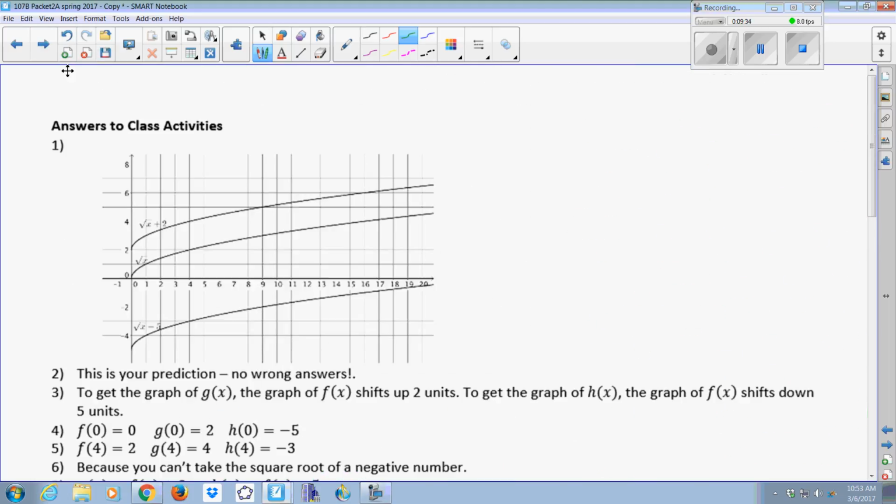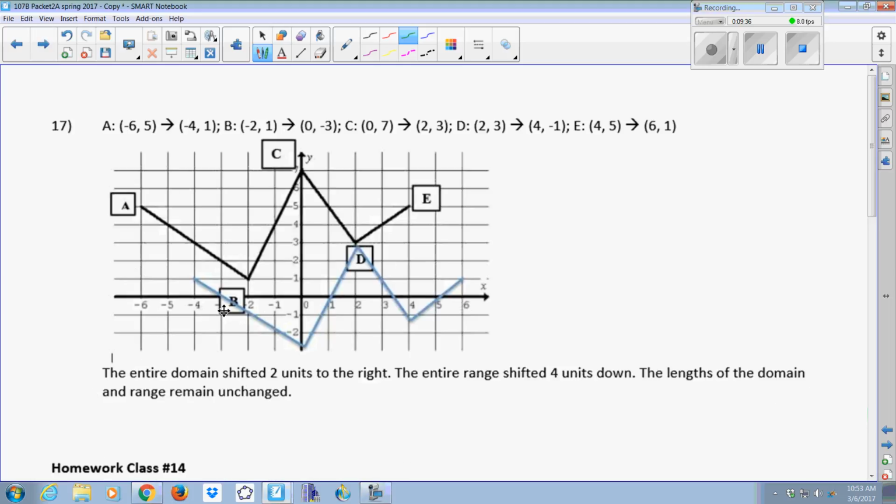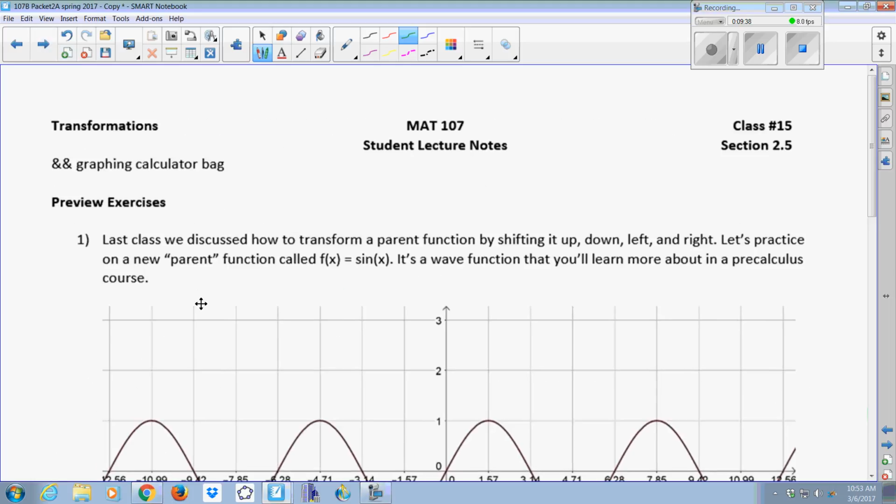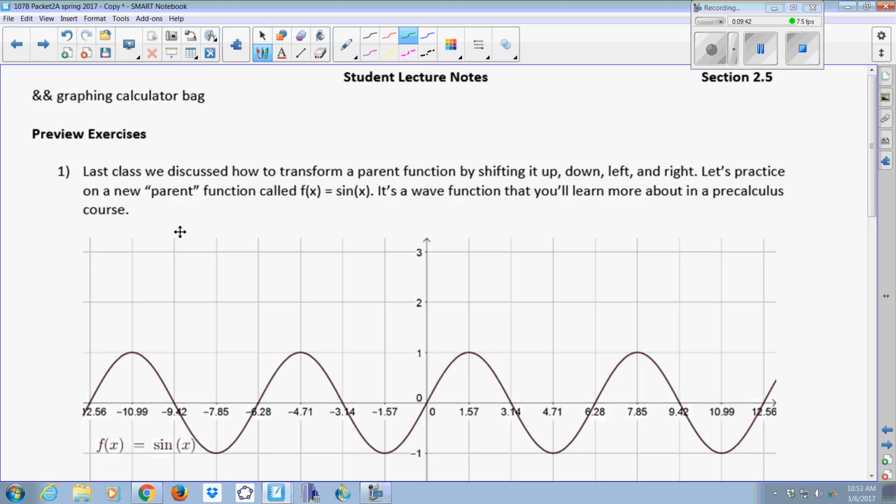All right, so today we have a demo activity, and our function looks a little bit different. We talked about shift changing in Friday's class, going up and down the y-axis, left and right. And today we're going to practice on a new parent function. It's not x squared, it's not square root of x, it's not x cubed, it's not y equals x. It's a new function called f of x equals the sine of x.